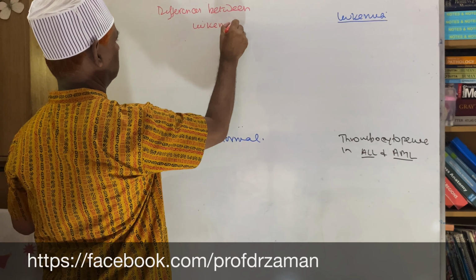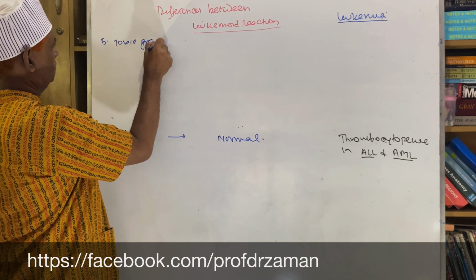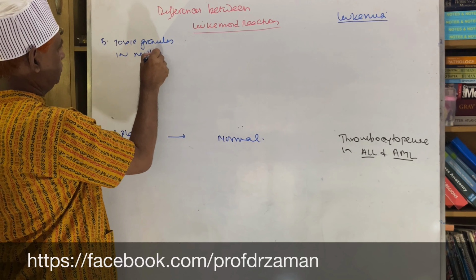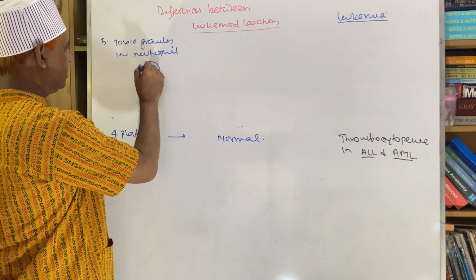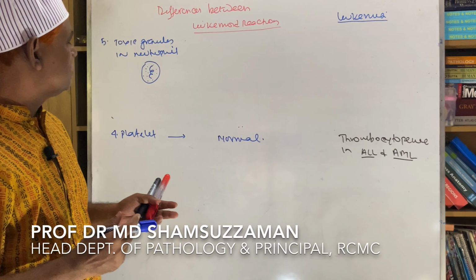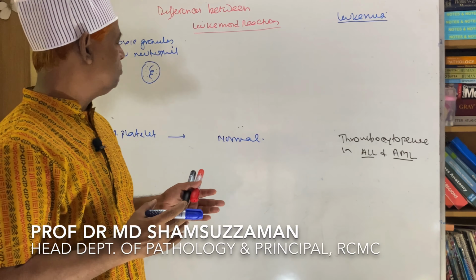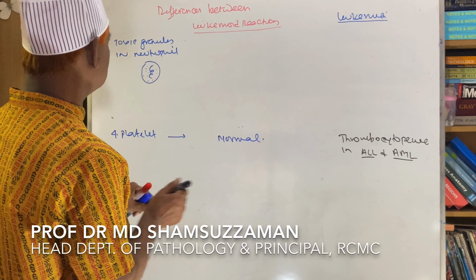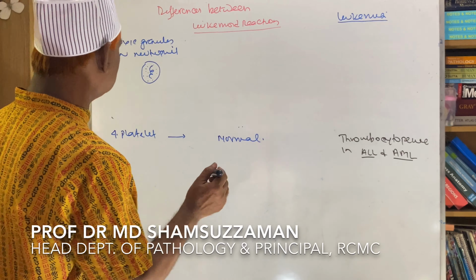Then toxic granules in neutrophils. Dear audience, you know, if this is the neutrophil with fine granules, and anybody suffers from infection or acute inflammation where there will be neutrophil leukocytosis, due to infection this neutrophil shows toxic granules within the cytoplasm.